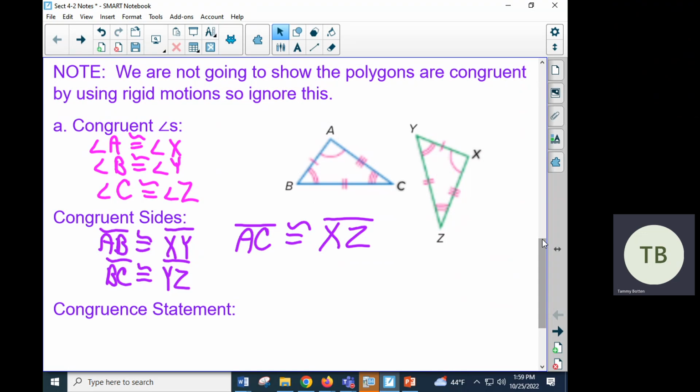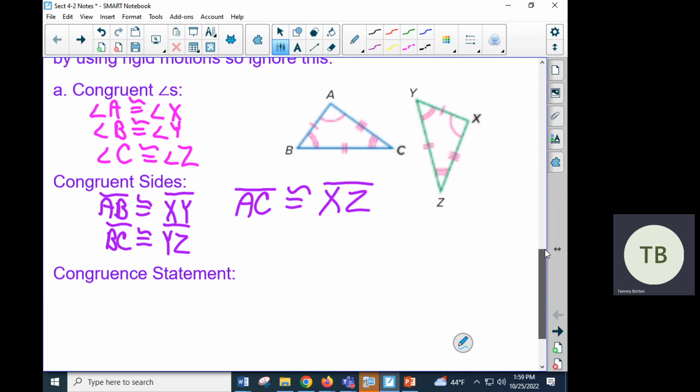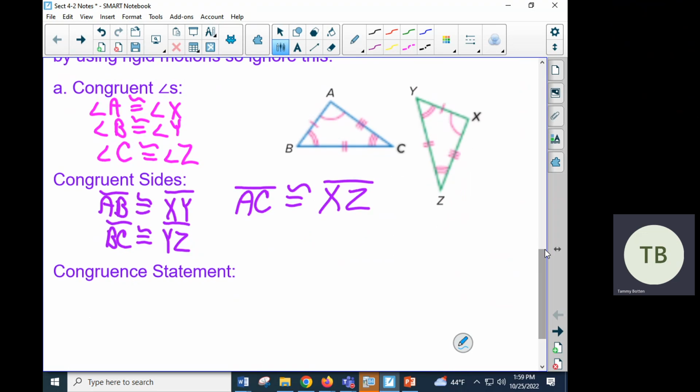Okay. Now what we have to do is write what's called a congruent statement. And when we do that, we're going to start with one of the triangles. Okay. And it doesn't matter which one. And it also doesn't matter what order you choose for the first one. What I would do is I'd choose one of them and I would go from the angle with one arc to two to three.